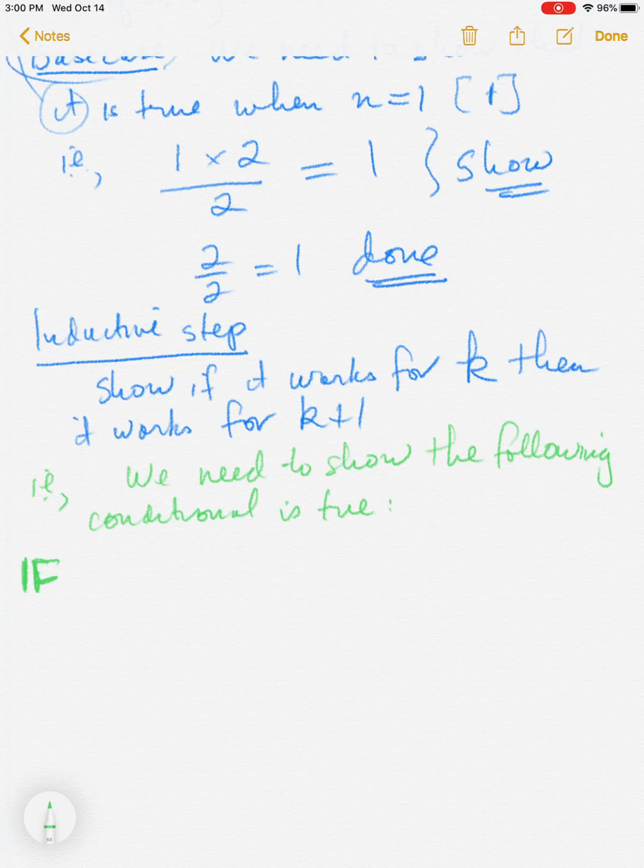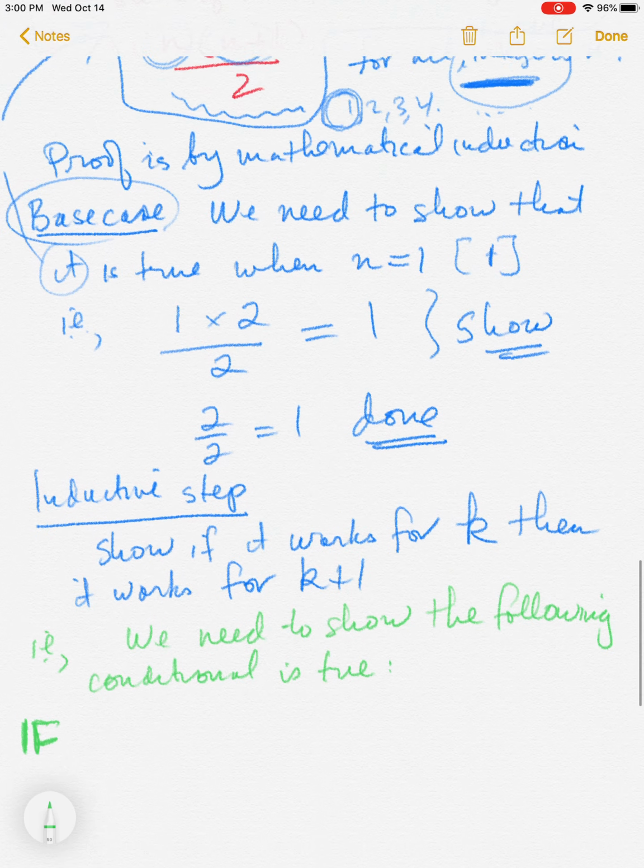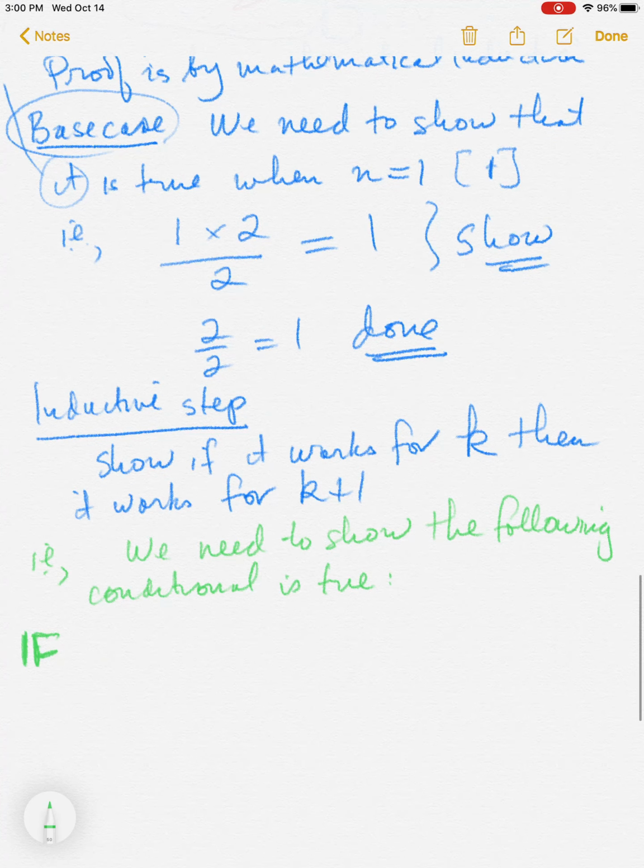If the sum of the first k positive integers equals k times k plus 1 over 2, so if 1 plus 2 plus up to k, this is the sum of the first k positive integers, equals k times k plus 1 over 2, then the sum of the first k plus 1 positive integers has that property too.